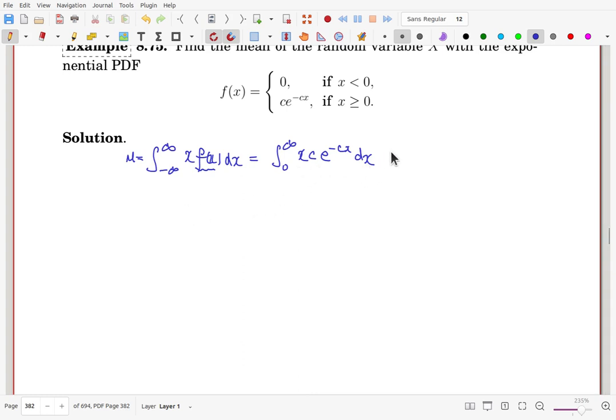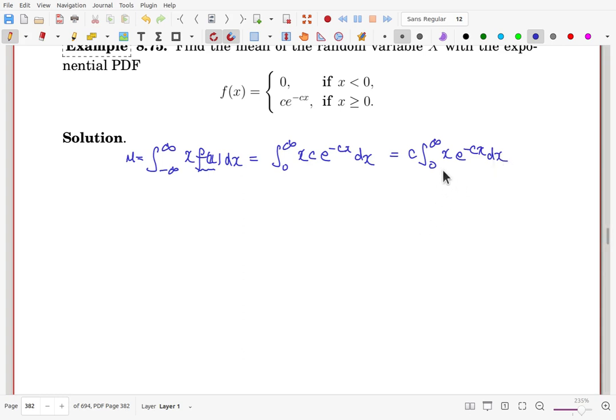Let's rewrite this in this way. c can go out, and then from 0 to infinity, x times e to the minus cx dx.